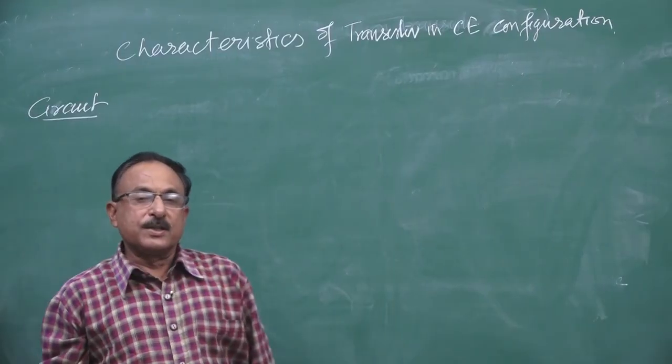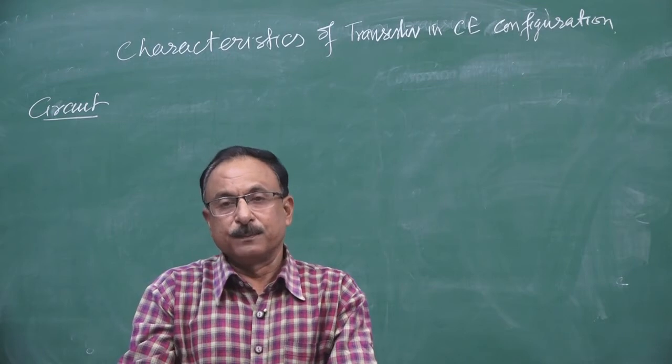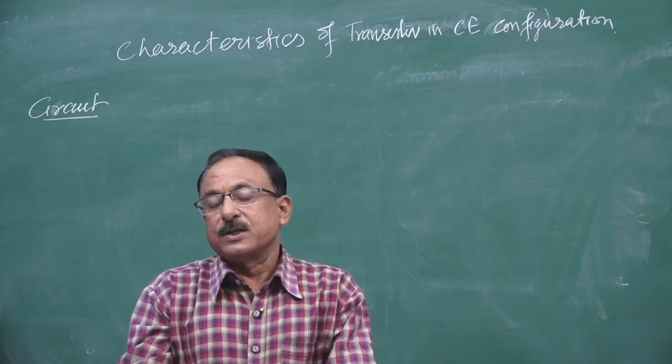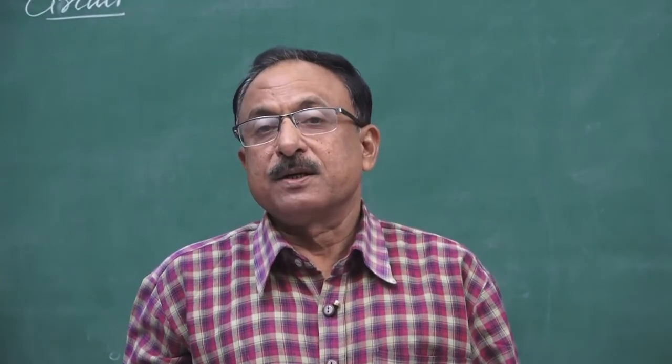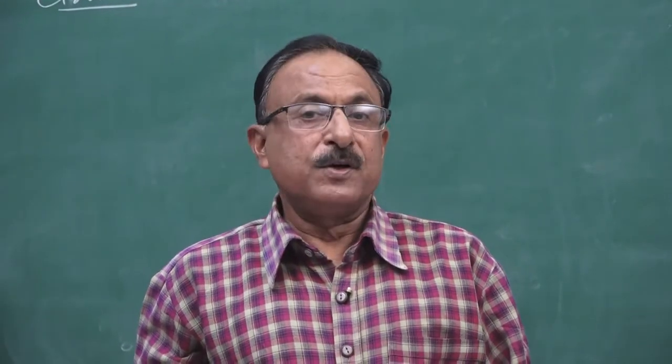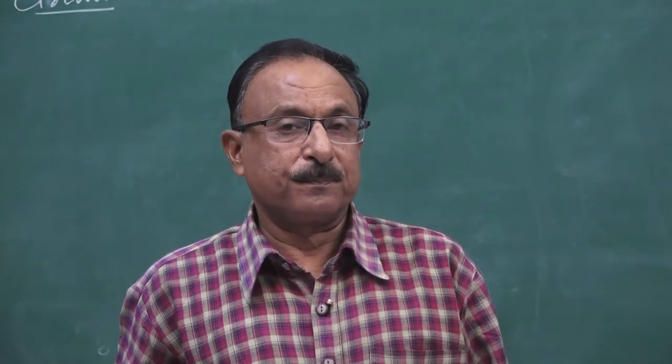Now we come to the characteristics of the PNP or NPN junction transistor. As I told you, we have done it for the PN junction. Characteristic means the graph showing the variation of current with the applied voltage.